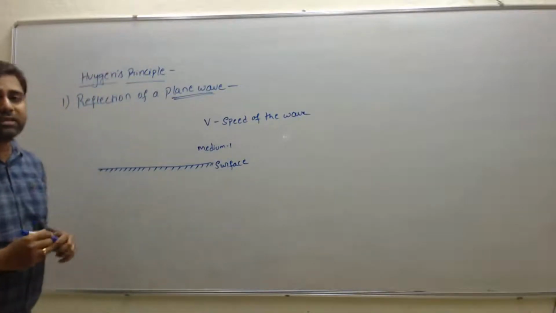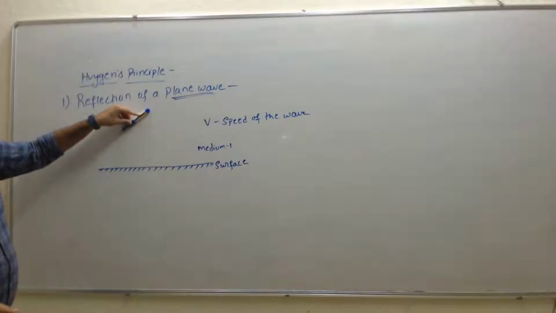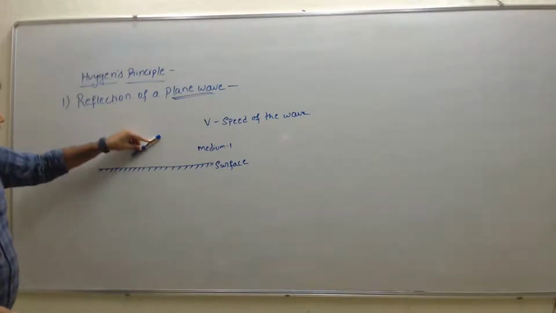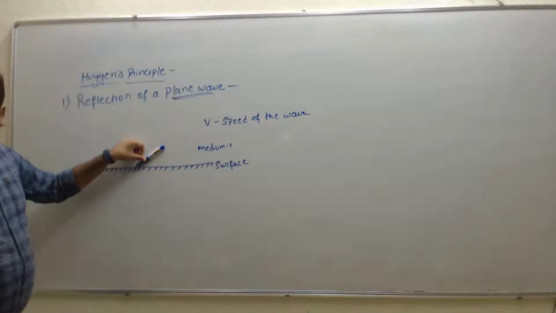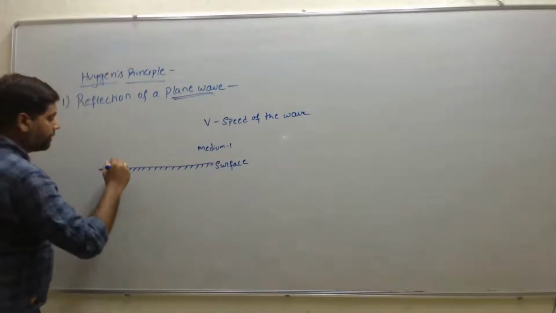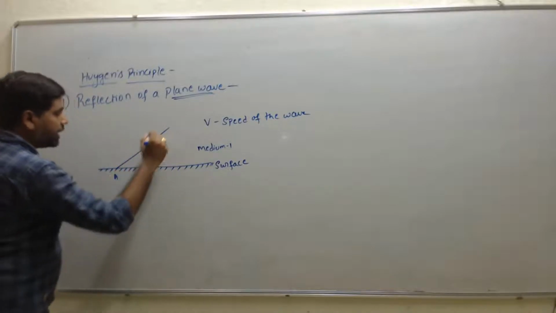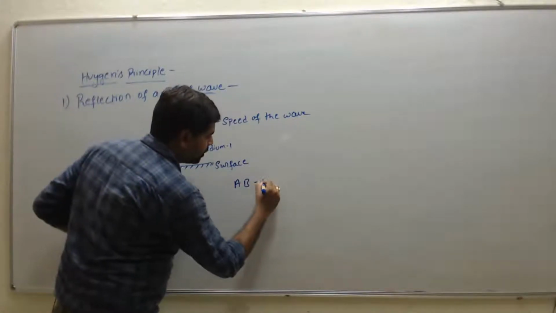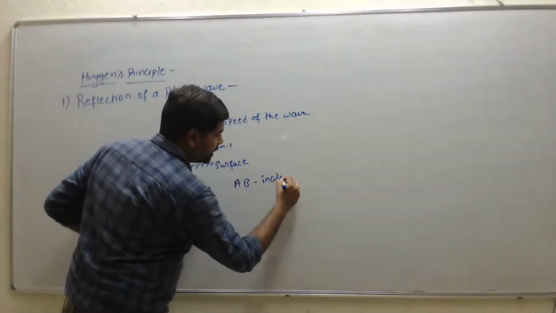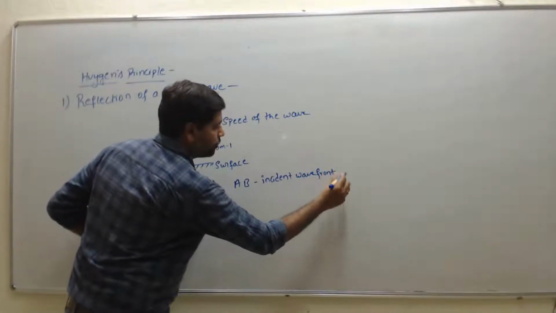When the plane wave is traveling like this, if you observe here, it comes and strikes the surface, right? So this one is the plane wave which strikes the surface. If I draw, we get this, so this is AB.